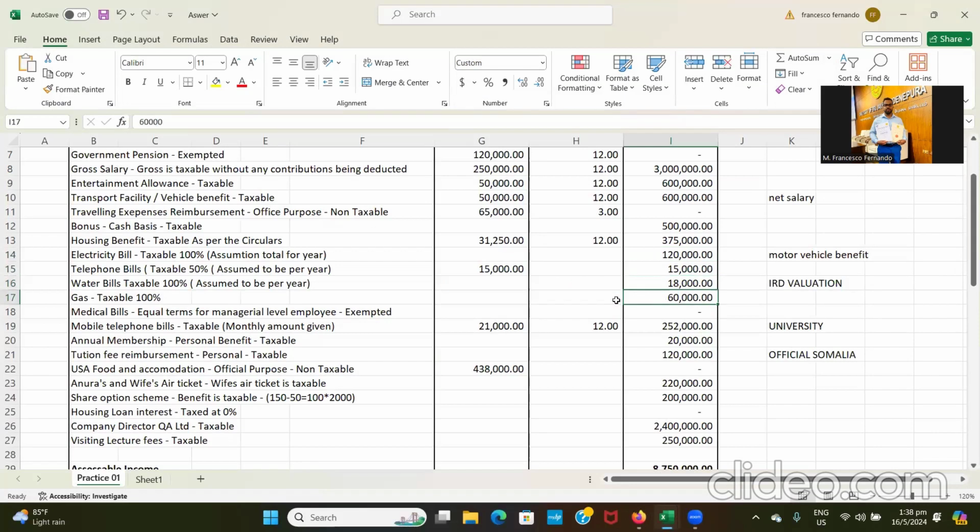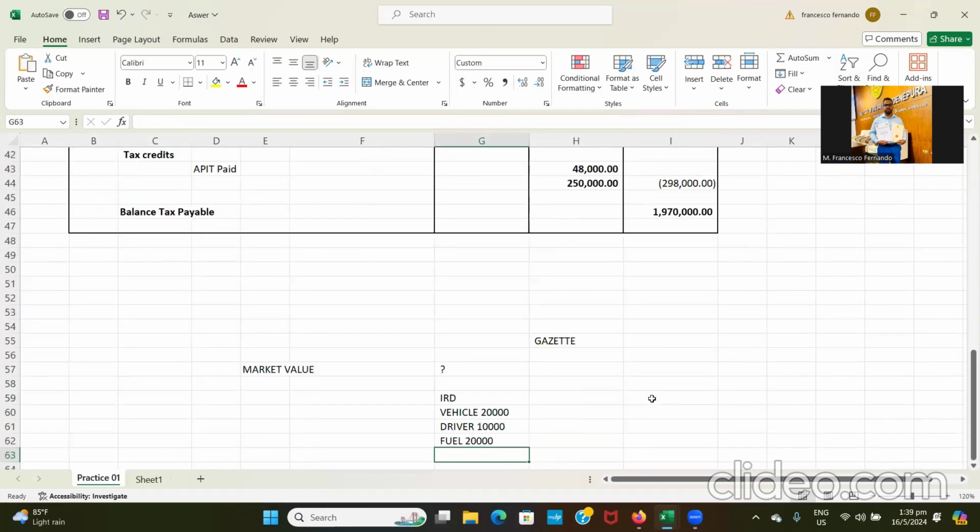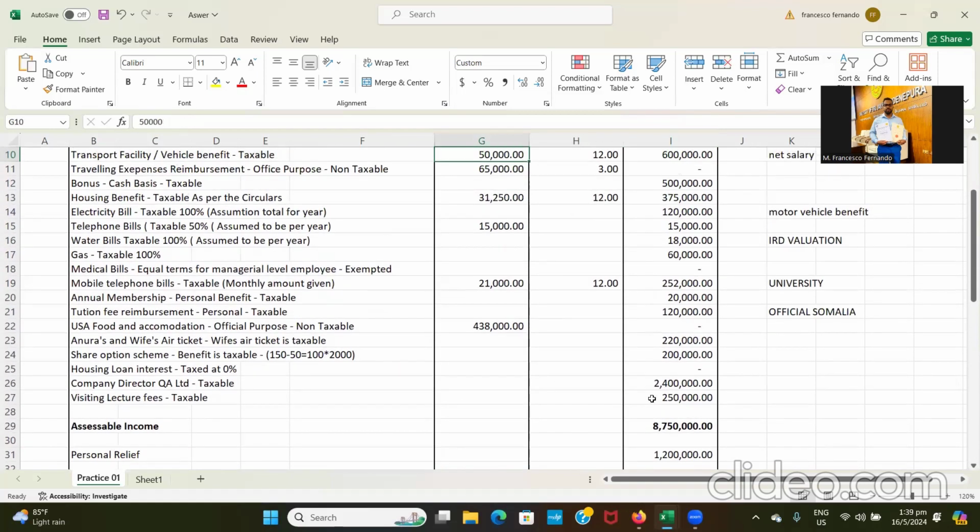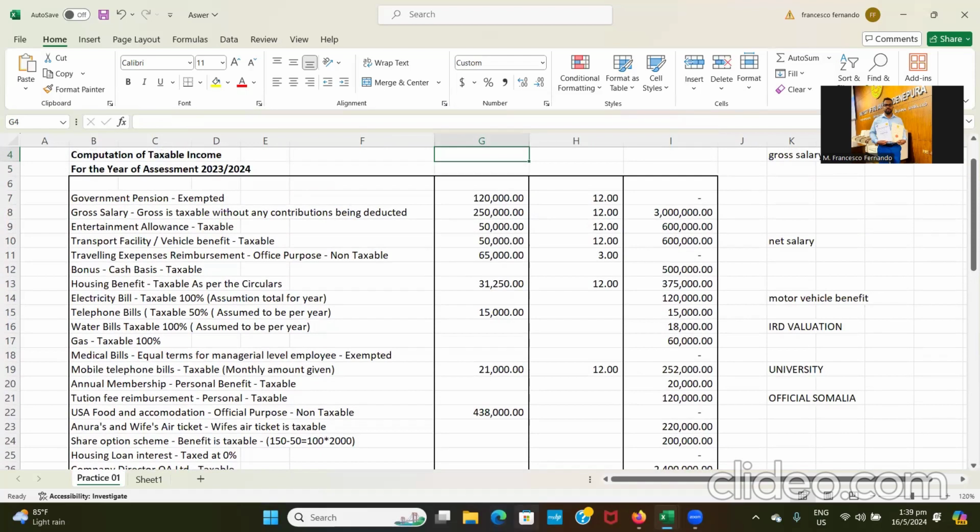Then if we come to the housing benefit, we must follow the circulars on housing benefits. Let me see whether there is a working in here. No, so we have to do the working. Changa, can you remember how this housing benefit has been taken?